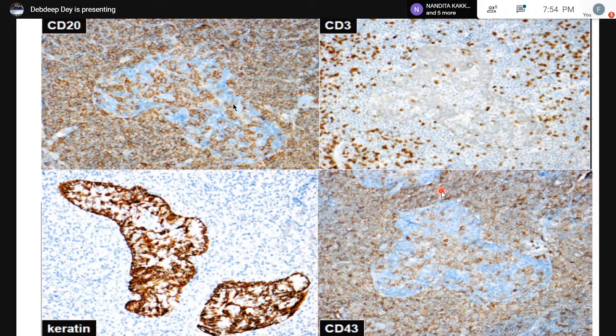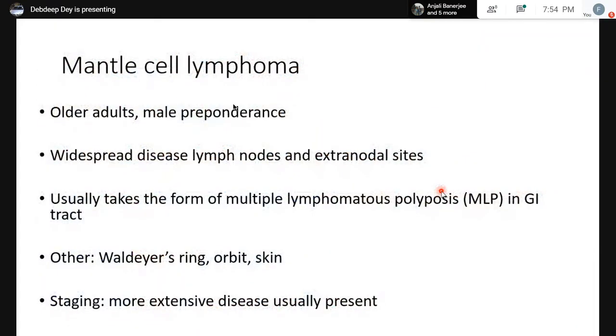You diagnose marginal zone lymphoma by a CD20 and BCL2 positive population, with exclusion of follicular lymphoma by doing your BCL2, BCL6, CD10, by doing your CD5 and cyclin D1 by excluding mantle cell lymphoma, and CLL by doing CD5 and CD23.